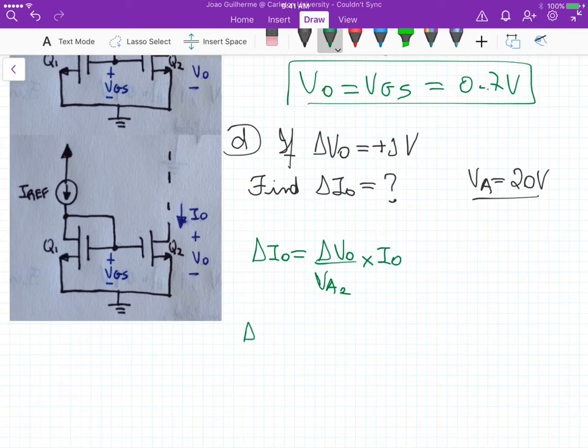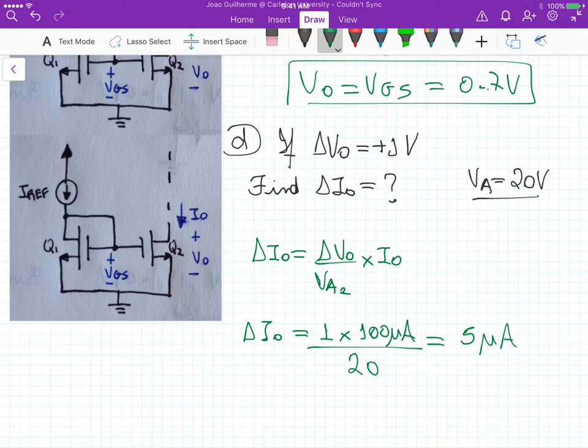So delta I naught equals 1 times I naught, considering the nominal current, divided by the early voltage, 20. This gives us a change of 5 microamperes.